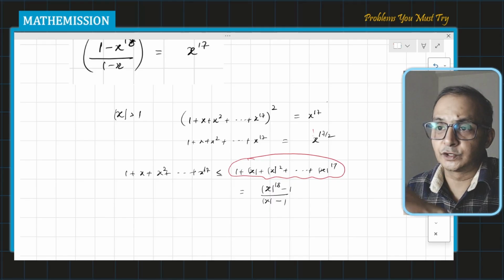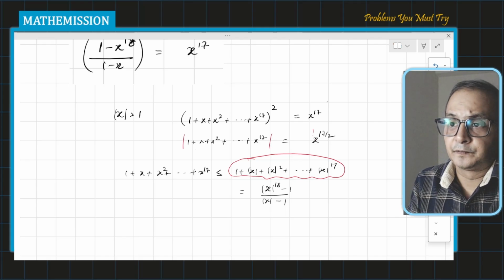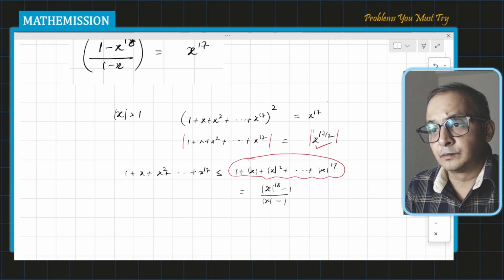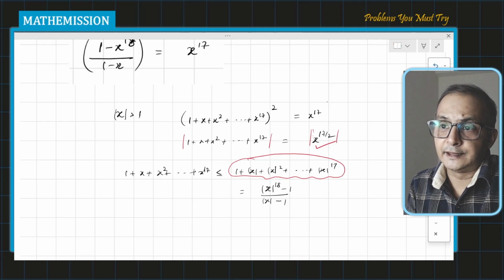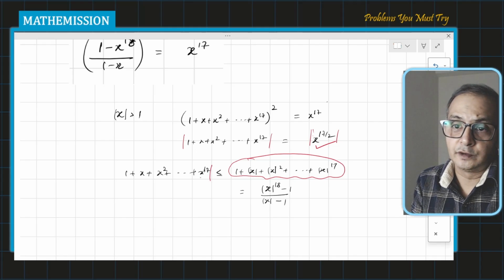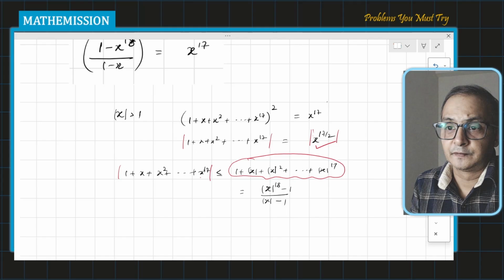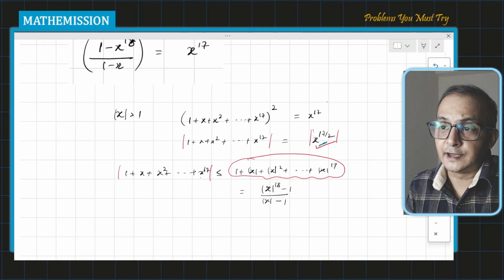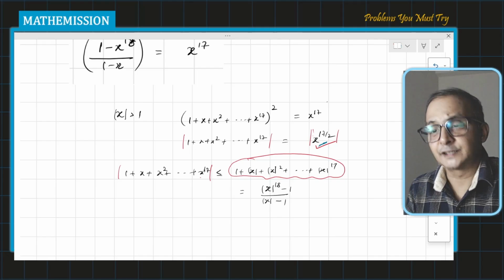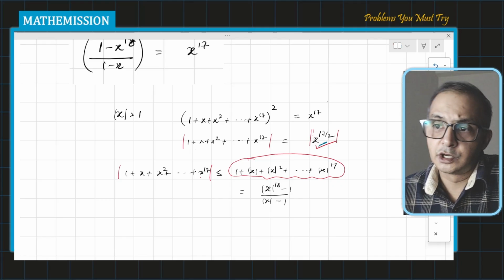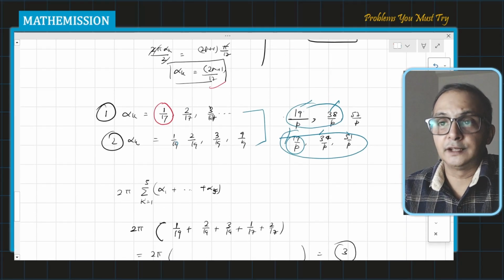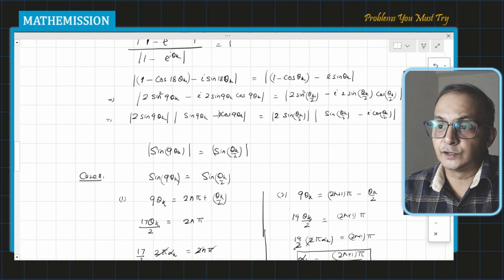It means if you take the magnitude on both sides like this, this magnitude will become 1 only, and this quantity's magnitude is still lesser than this, but this quantity will be very large compared to this one when the magnitude of x is greater than 1. It means that the magnitude of x must be 1. It means each complex number's magnitude should be 1 only. Then only this question can be solved in this way.